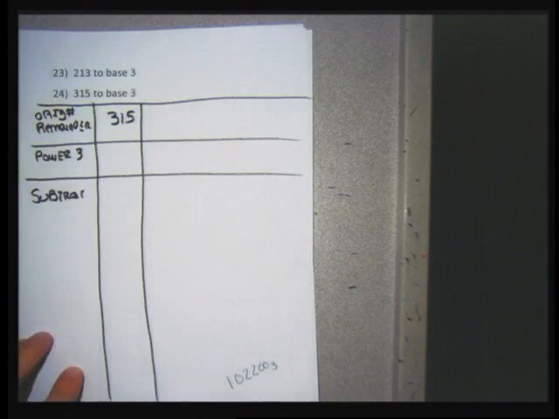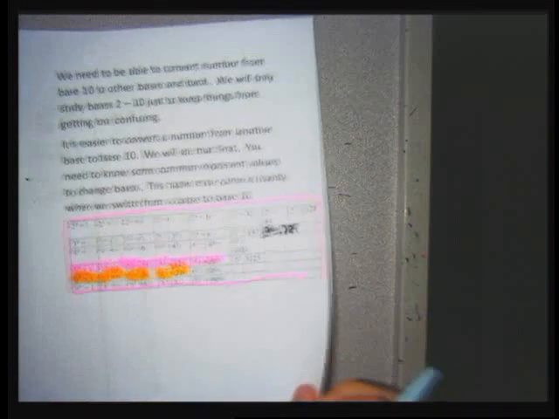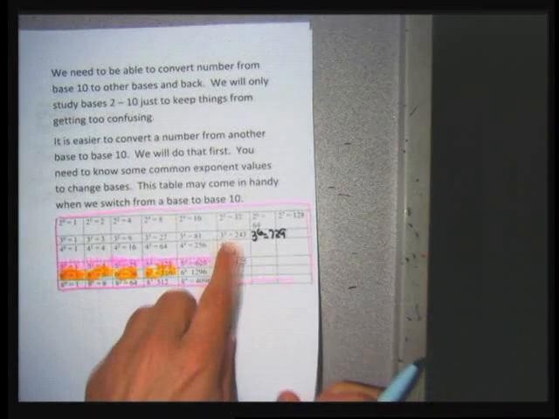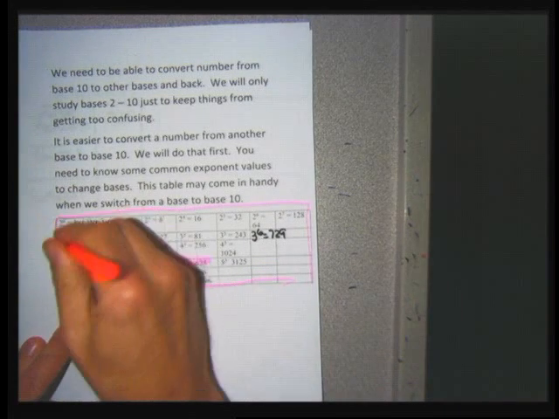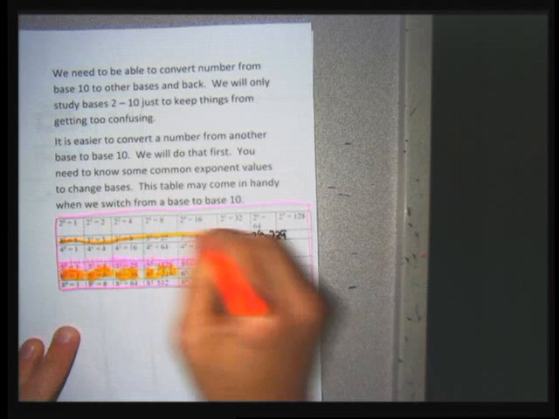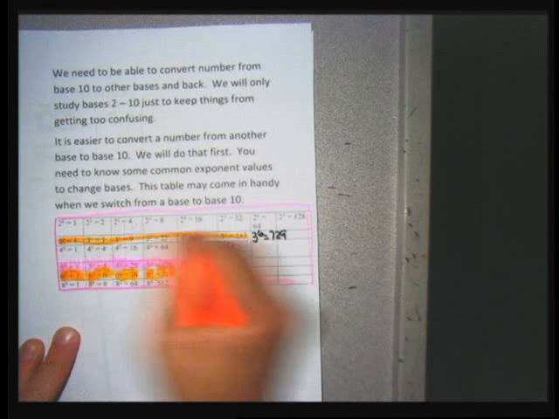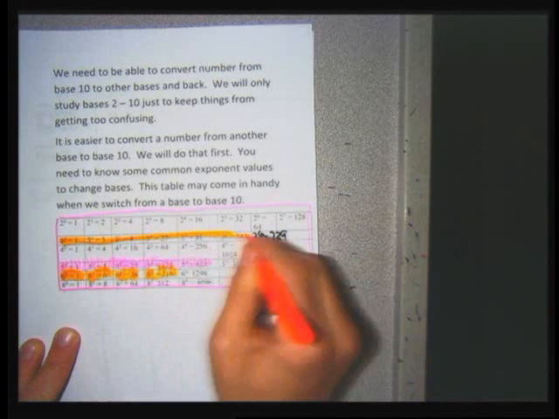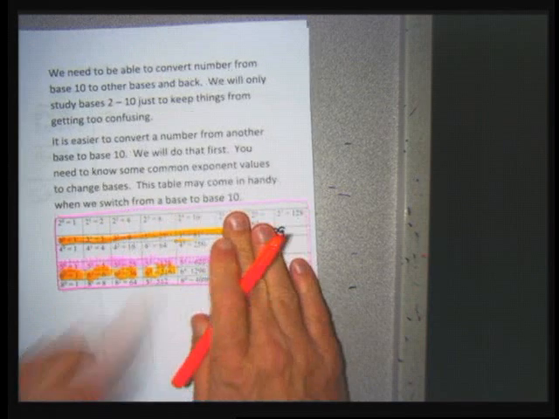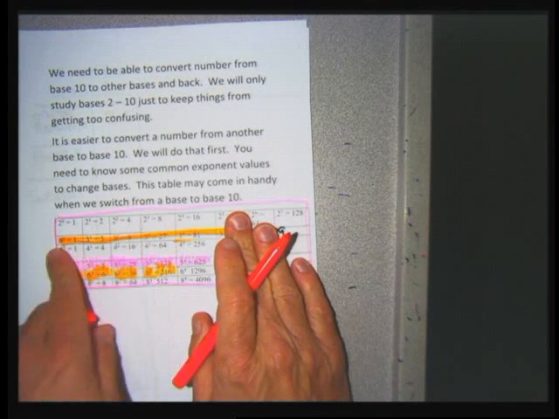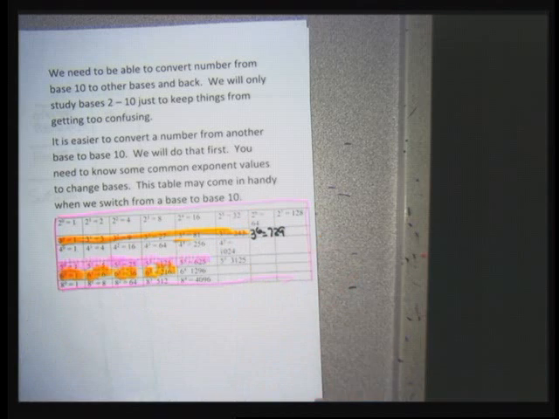So the powers of 3 that I need go all the way up to 243. Yours is only going to go up to 81. My first column is going to be 243, and then 81, 27, 9, 3, and 1. You're just going to go 81, 27, 9, 3, and 1 because 243 is too big for you to subtract.